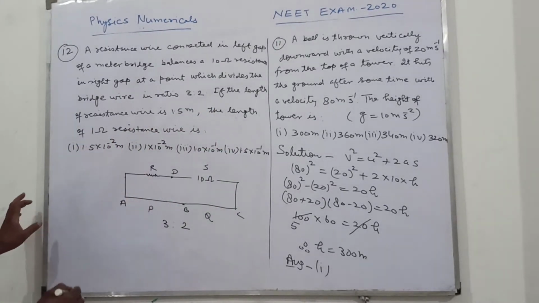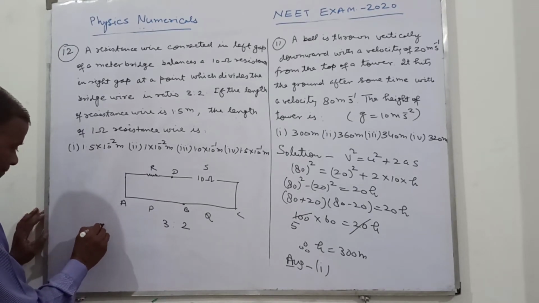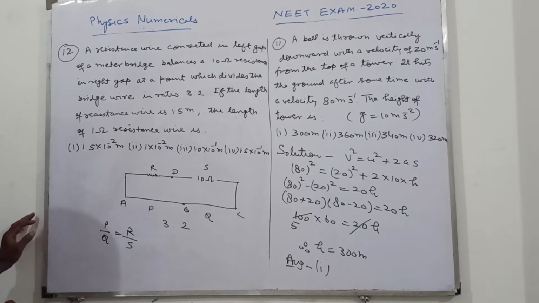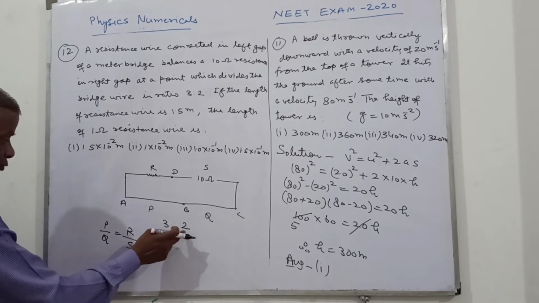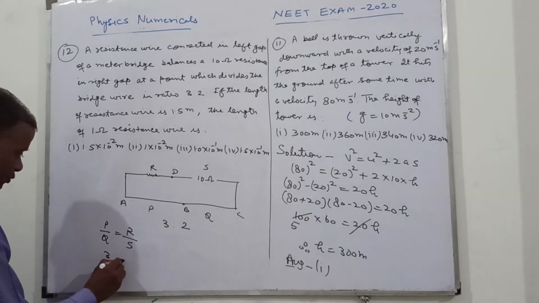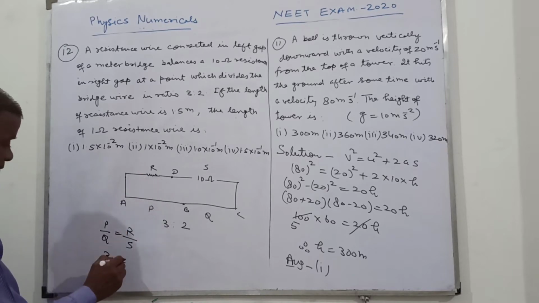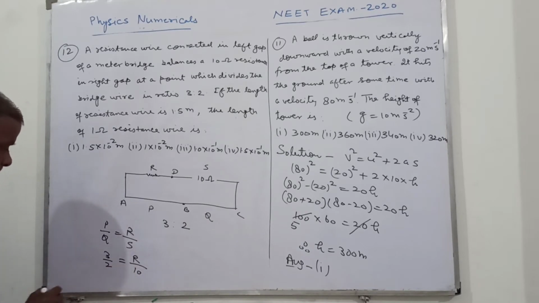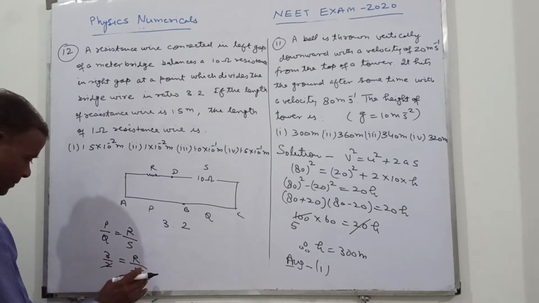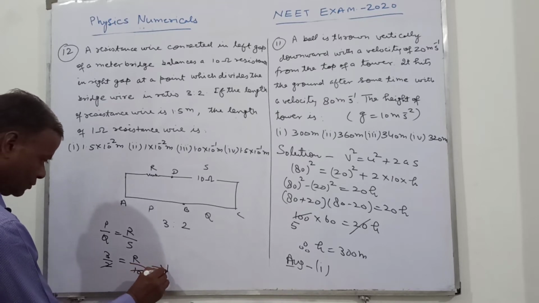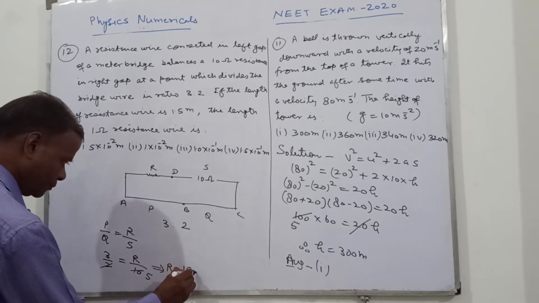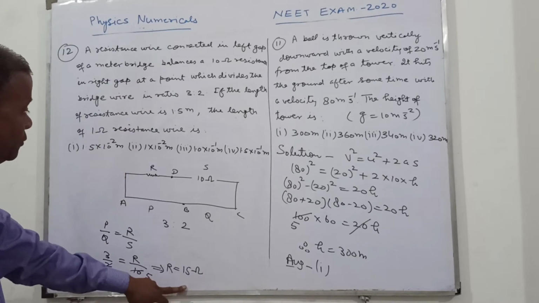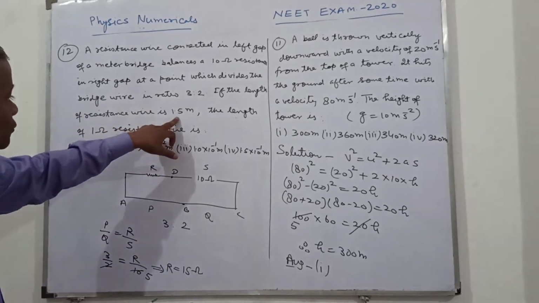So let's apply the formula P upon Q equal to R upon S. Now P upon Q is 3 upon 2. R, this R you have to find. S is given to you as 10 ohm. So this will cancel, 5. So from here we have R equal to 15 ohm.